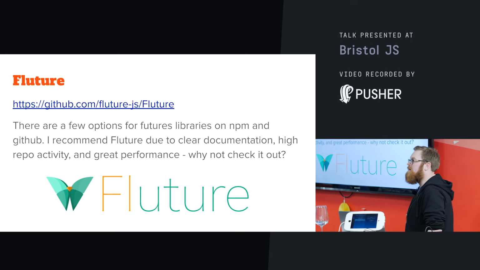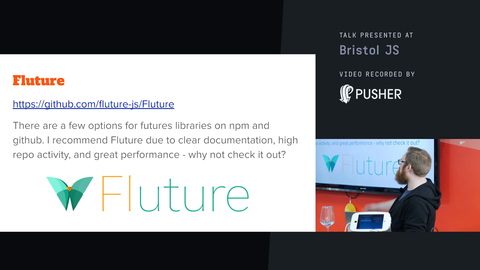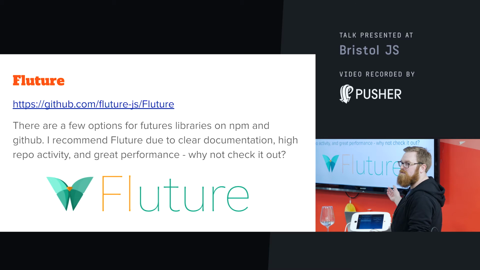Because I want to talk about a library with a really cool logo. This is called Fluture. I think it's called Fluture. Might be called Fluttery or something like that. It seems more likely that it's called Fluture. It's got a butterfly, so it could be Fluttery. Anyway, this is the one I really recommend. There's a few different ways of getting up and running with Futures on NPM or GitHub.